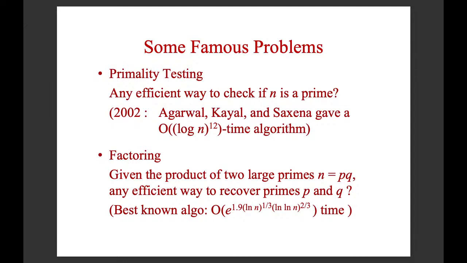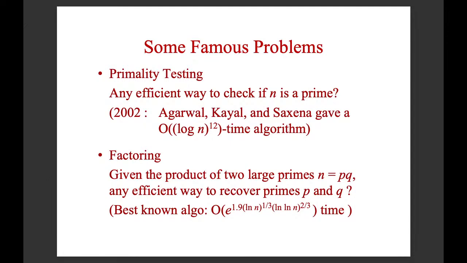And the input itself, n, can be expressed using log n bits. So the problem size is only of order log n bits. When the problem size is only log n bits, an algorithm that runs in order n time is an exponential time algorithm in terms of the input size. So the usual way that we check whether n is a prime is an exponential time algorithm.